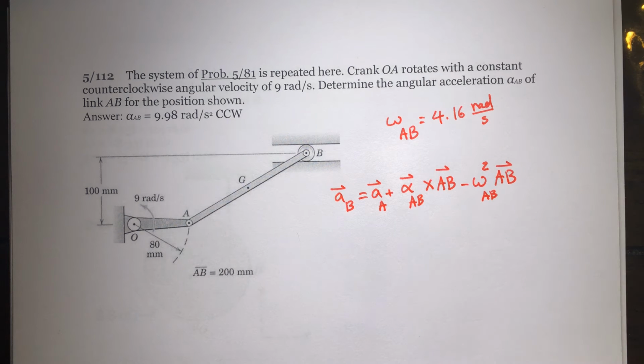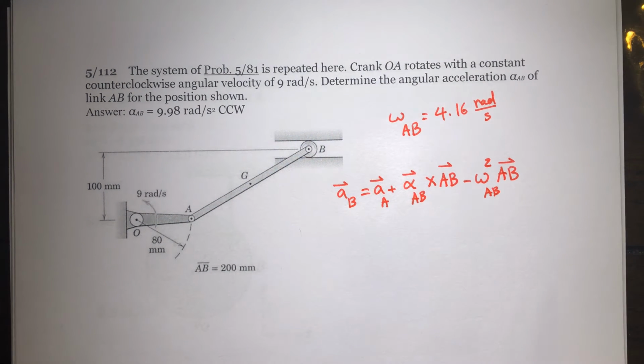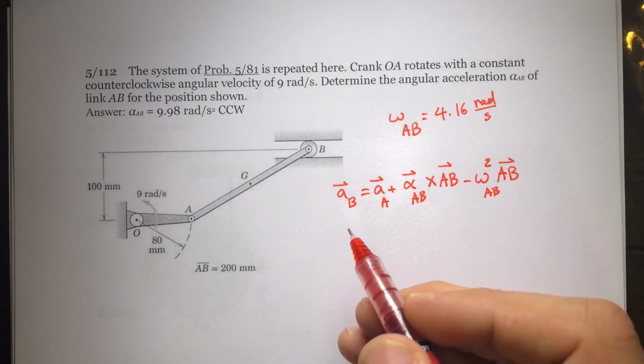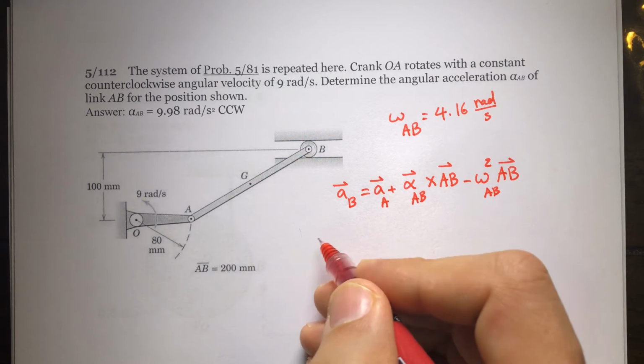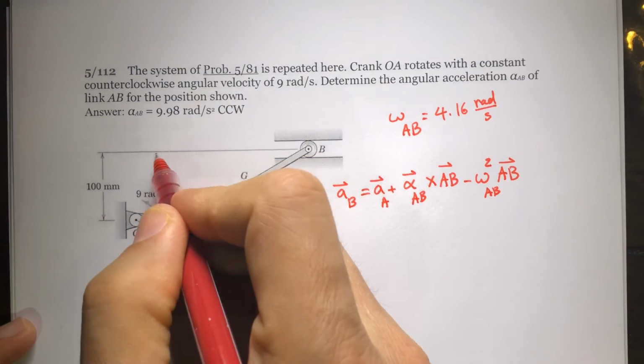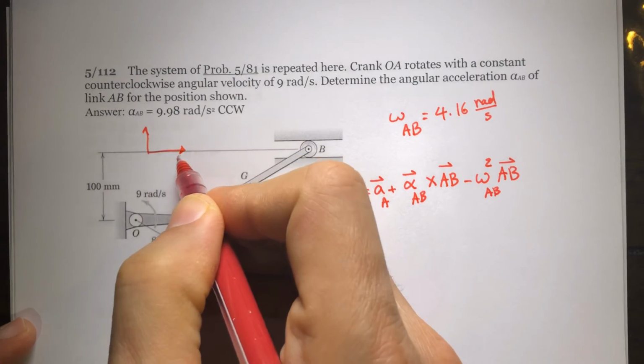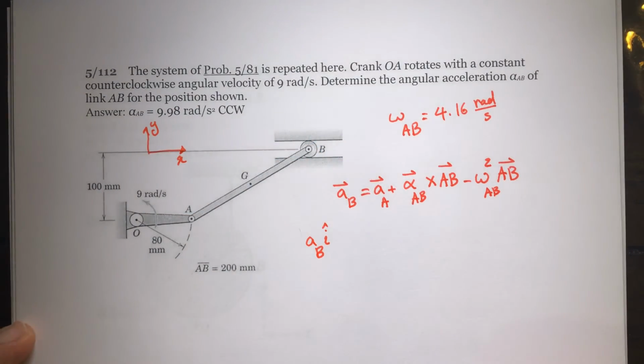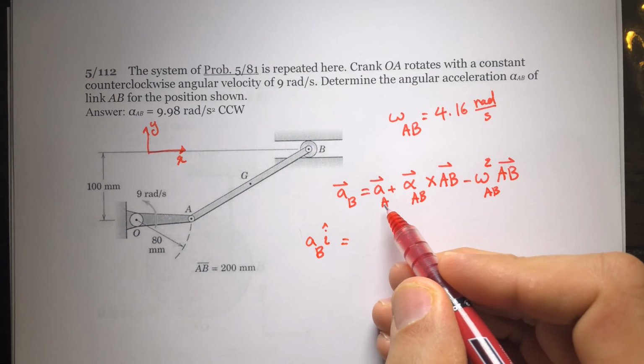Two equations, two unknowns. So we should be able to find both unknowns here, right? So let's fill in what we have here. Acceleration of B is going to be aB, just in the i direction. Let's specify what is i, what is j. This is x and this is y direction. Always show your coordinate. This is equal to acceleration of A.